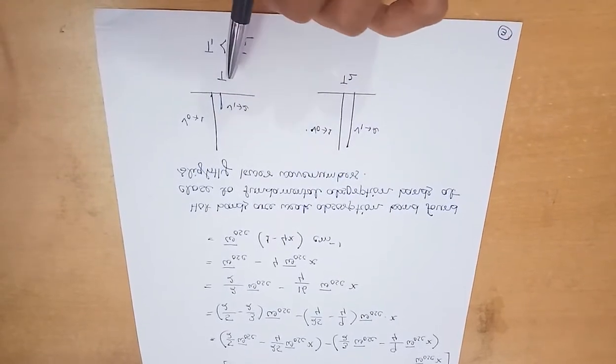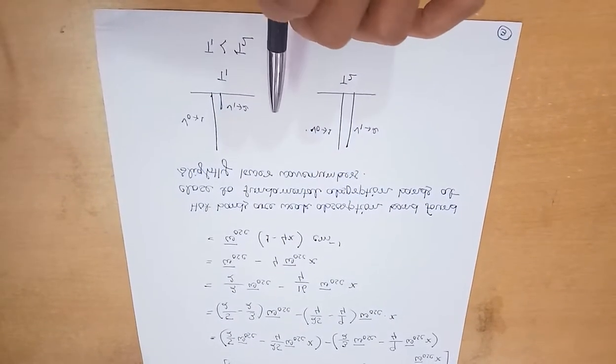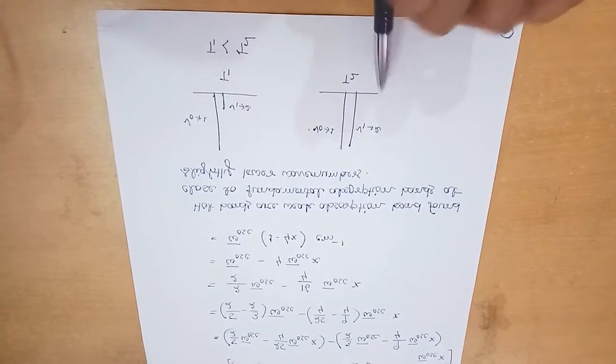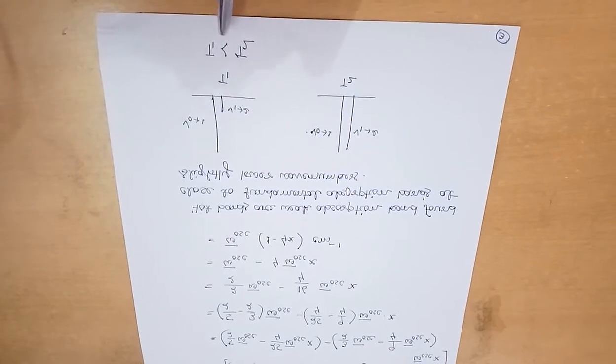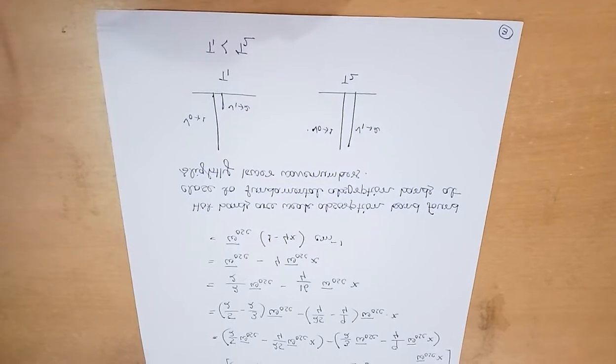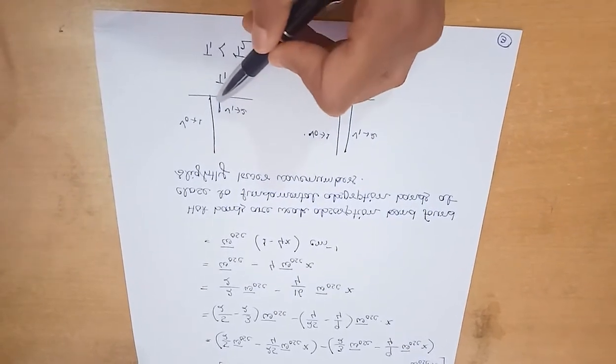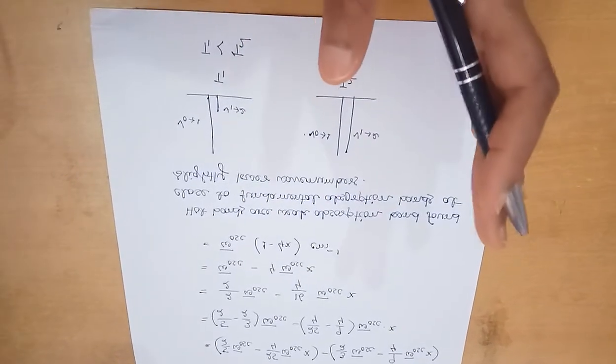Suppose we take two temperatures T1 and T2, where T1 is lower than the temperature T2. So how does the intensity of the fundamental and hot bands look?